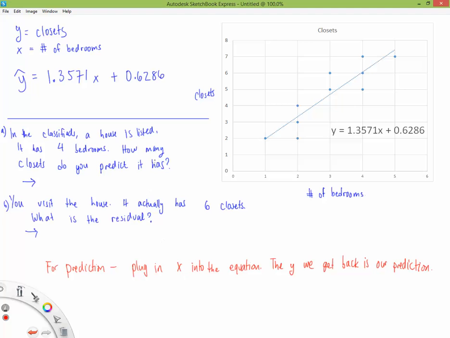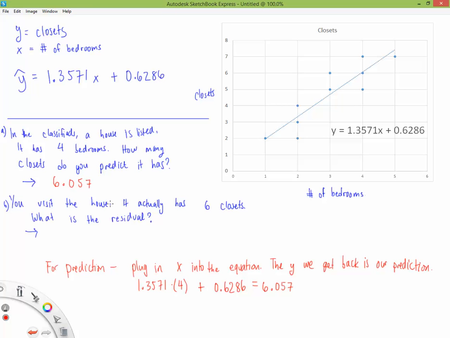So you just do 1.3571 times x, plugging in a 4 because that's how many bedrooms we have, and then add 0.6286. We punch that into our calculator and get 6.057. So we predict the house will have 6.057 closets.